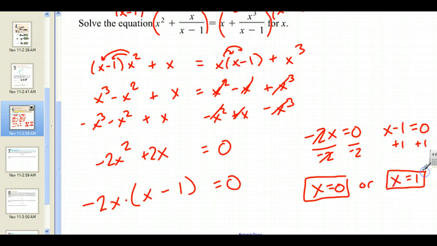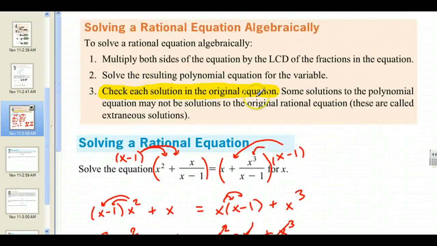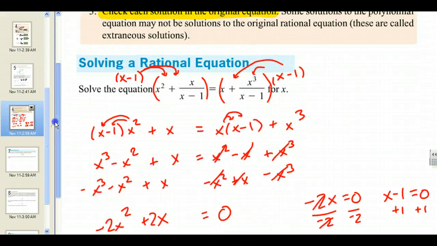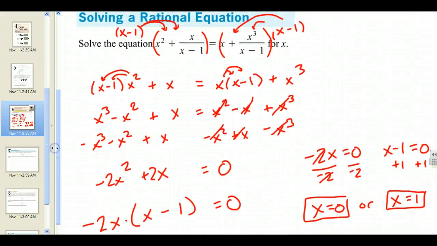Alright, so there's step 2 done. We solved the resulting polynomial equation, but we got to remember to do step 3. Check in the original. Alright, now what I do to check is I plug 0 in for each x here. So I get 0 squared plus 0 over 0 minus 1 equals 0 plus 0 cubed over 0 minus 1. Does that work?